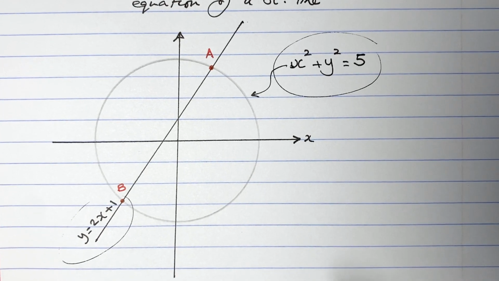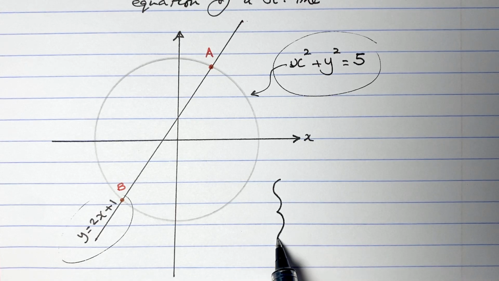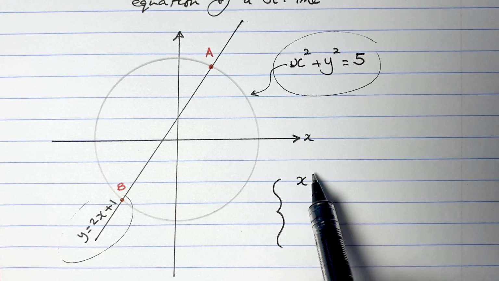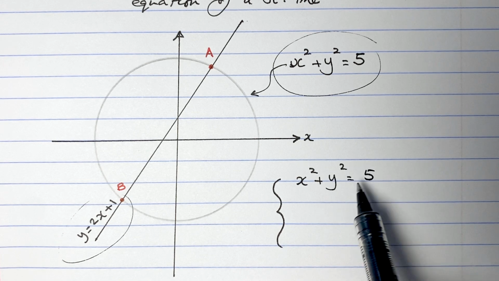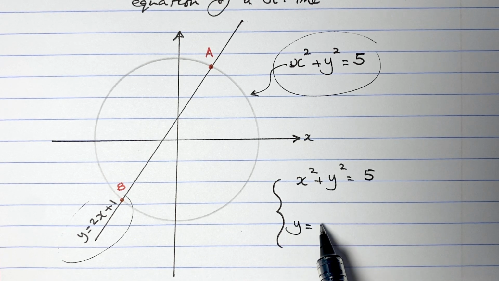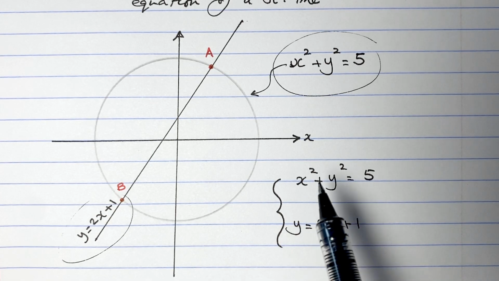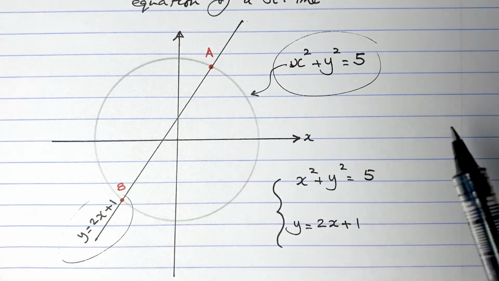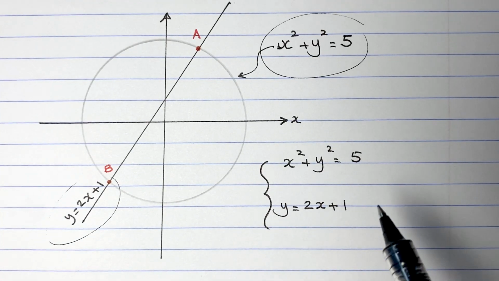So that would be a simultaneous equation, with one the equation of the circle and one the equation of a line. The solution of this equation gives me the coordinates of A and B, the points of intersection of the line and the circle.